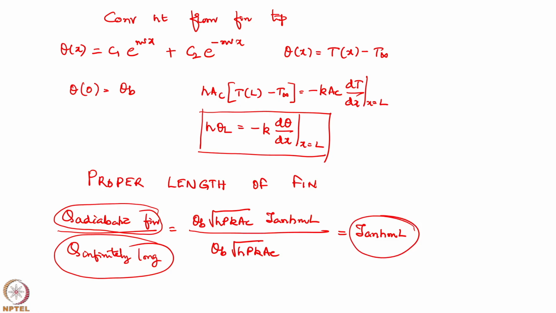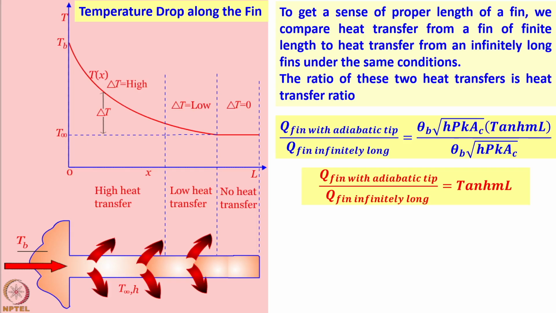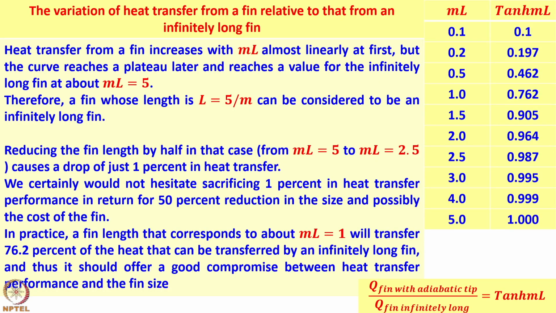So let us watch how tan hyperbolic mL varies with mL. This is the mL and this is the tan hyperbolic mL. Around 2.5, tan hyperbolic mL is 0.987. So you may not really want to use an mL of 5. If you take mL of 2.5, your length of the fin is almost half. The cost will come down significantly.